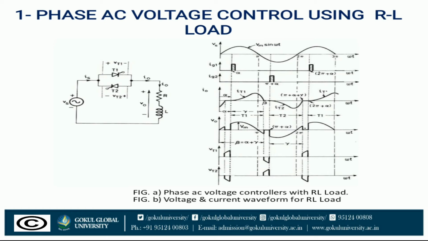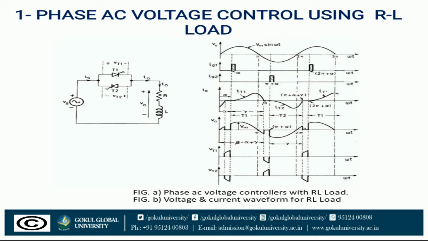T1 will be off and T2 will be on; that is, T1 will be in reverse bias and T2 in forward bias. So in the reverse cycle, we can start from beta. At some angle pi plus alpha, T2 will start conducting.